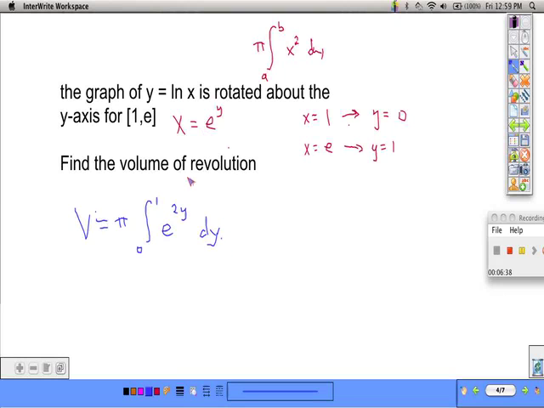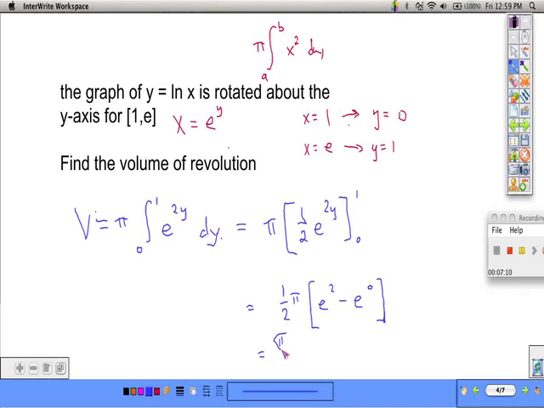That's why we changed it to a function in terms of y. And our exact answer would be pi over 2 times e squared minus 1 cubic units.